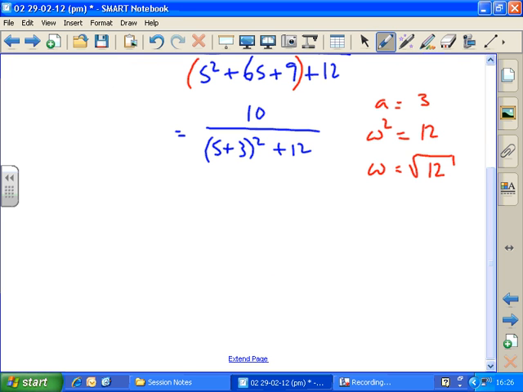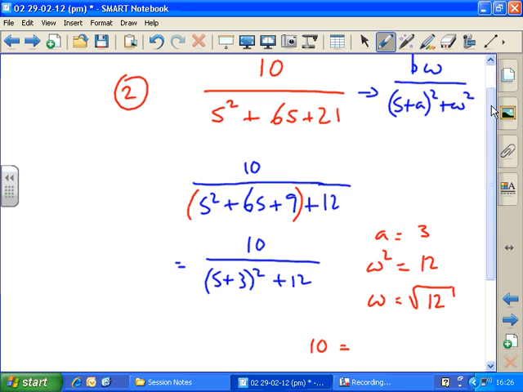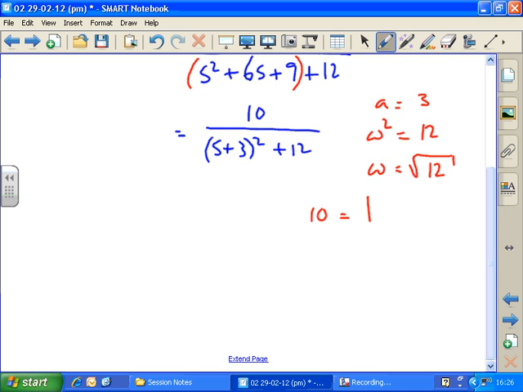Then I can say from the numerator, 10 must equal B omega, using this form at the top. So 10 equals B times the square root of 12, because omega is the square root of 12. So B must equal 10 divided by the square root of 12.